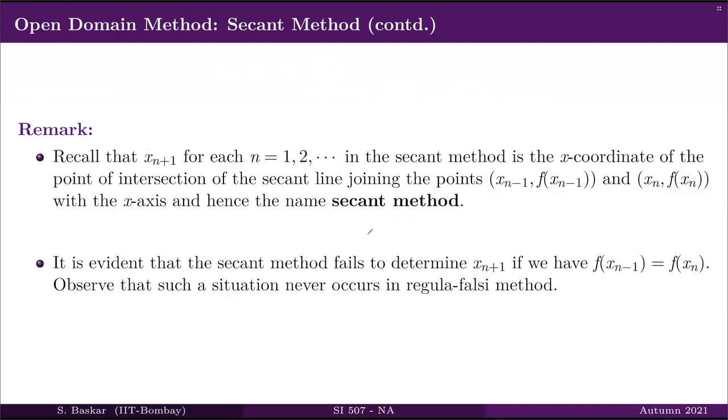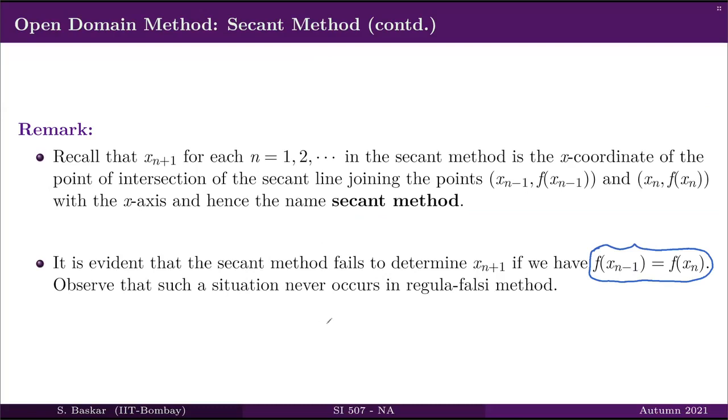As I told, it is evident that the secant method can fail if at any iteration you come across such a situation, that is f of xn minus 1 is equal to f of xn. As I told you, you should think why such a situation will never occur for the regular falsi method.